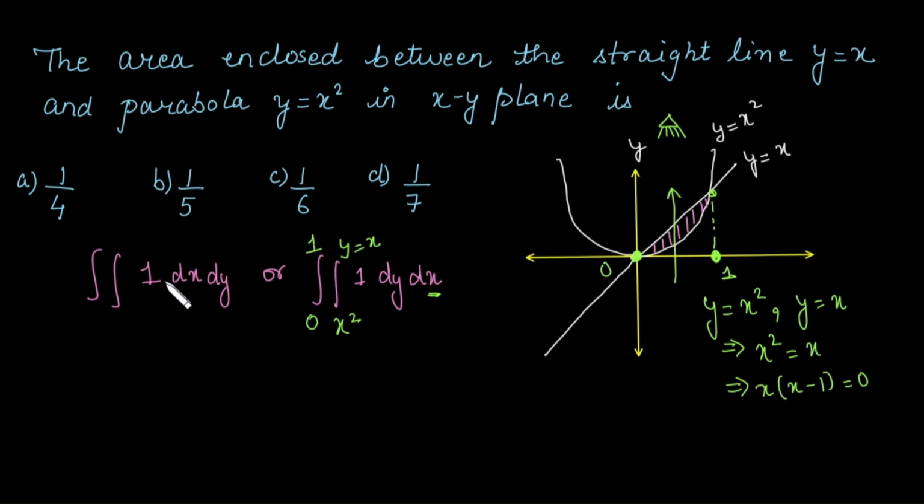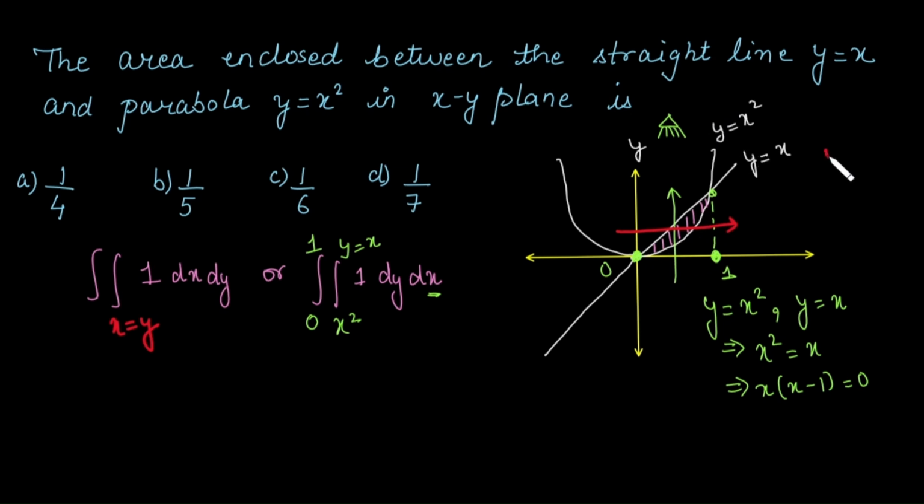In the same way you can find the limits for x first, then with respect to y. For that you need to take a line parallel to the x-axis passing through this region. Entering curve, what is it? The straight line, that is x is equal to y. Exit curve, what is it? The parabola.